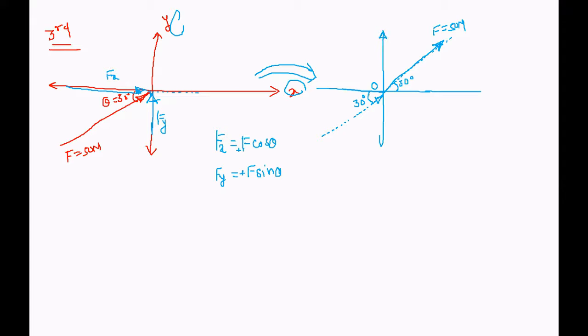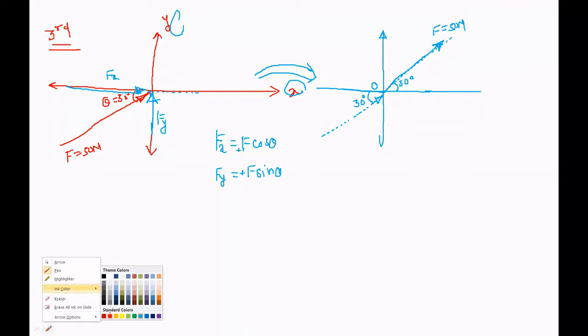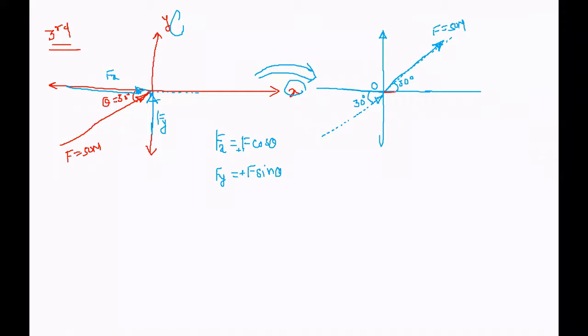So we can represent the components. This is your x component, that is the Fx, and this is your y component, so this is the Fy. Okay. So now you can write Fx, as it is adjacent, as F cos theta.